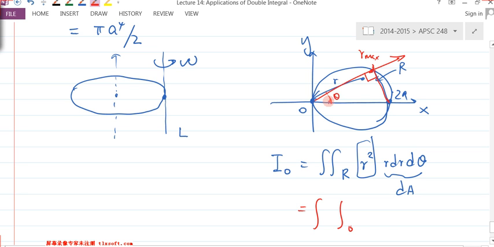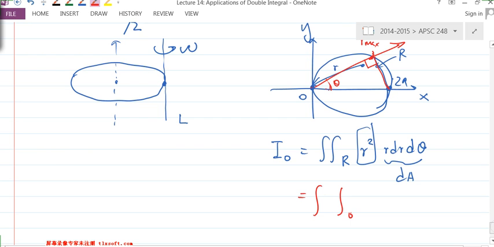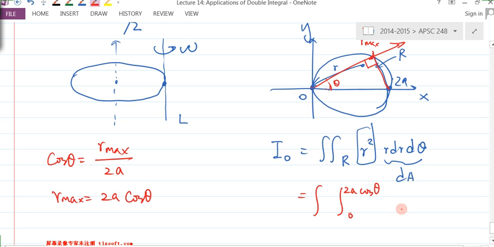Then cosine theta equals R max divided by 2a, which means R max equals 2a cosine theta. So r goes from 0 to 2a cosine theta. And inside here, this is r cubed, dr d theta.